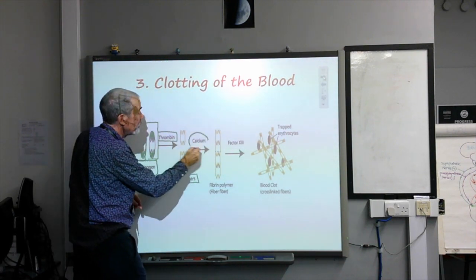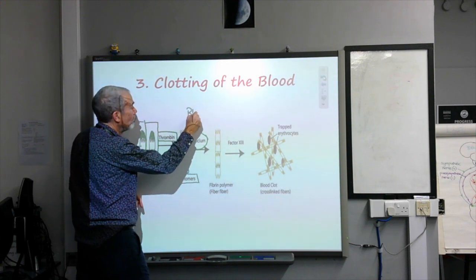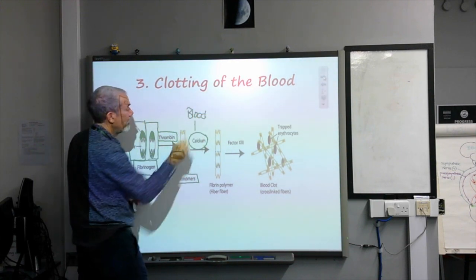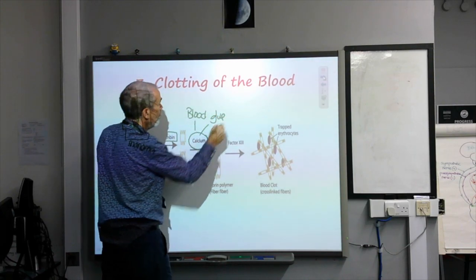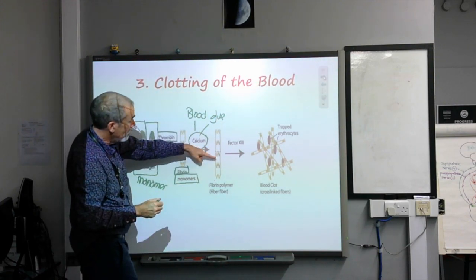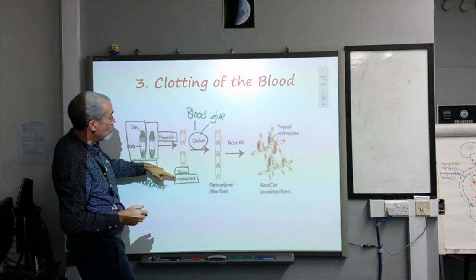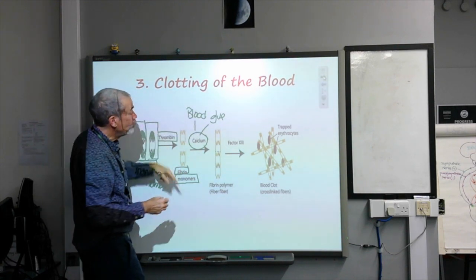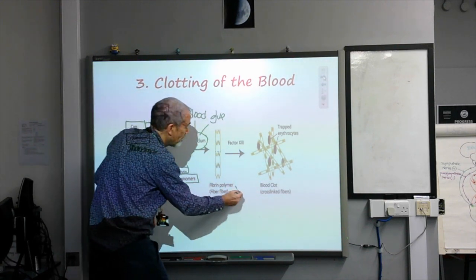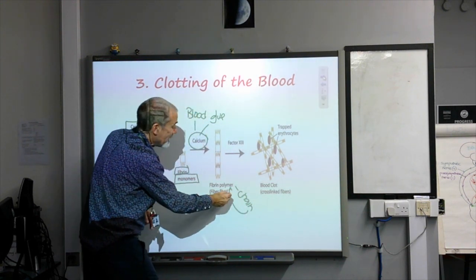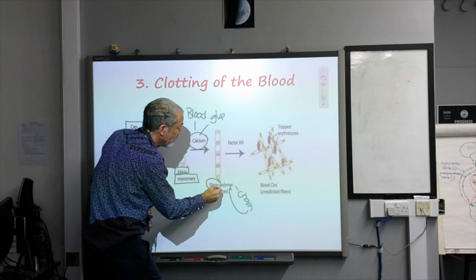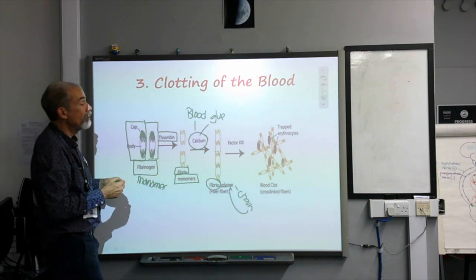In the presence of calcium, which is already in the blood, the calcium acts as a glue, which basically seals the actual monomers of fibrin together to create a chain, which we call a polymer.